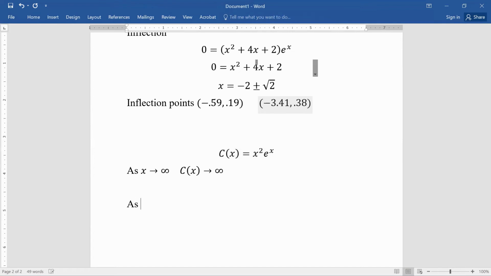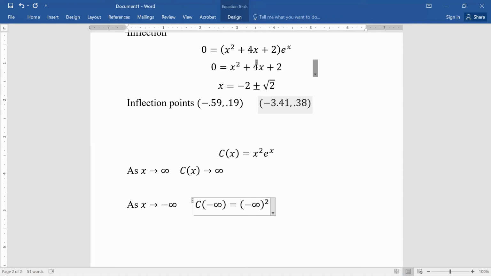This is a little bit harder to see as x goes to negative infinity, because we think about this function, if I plug in negative infinity, then you get negative infinity squared. That's going to become a really, really big positive number.